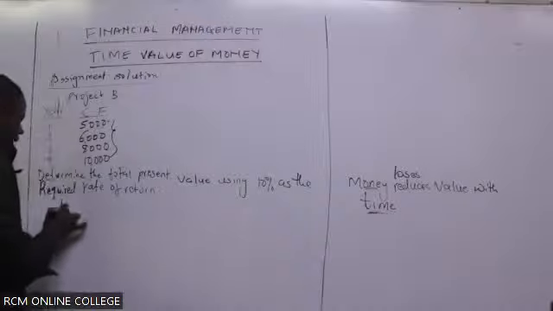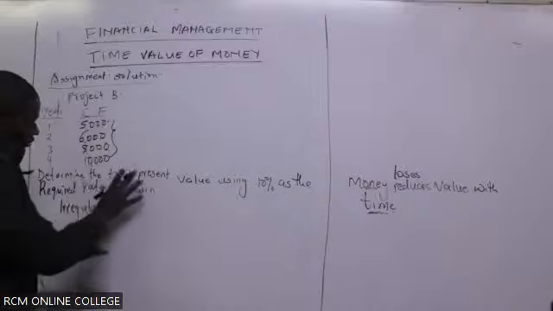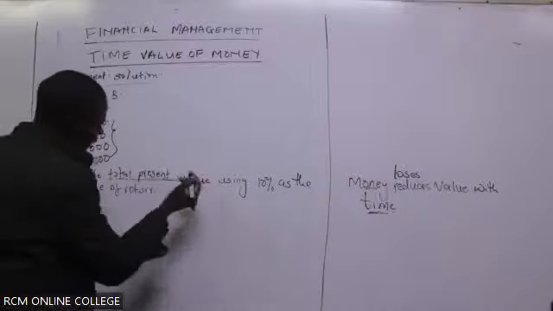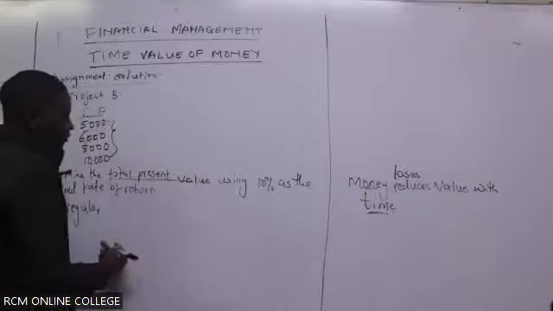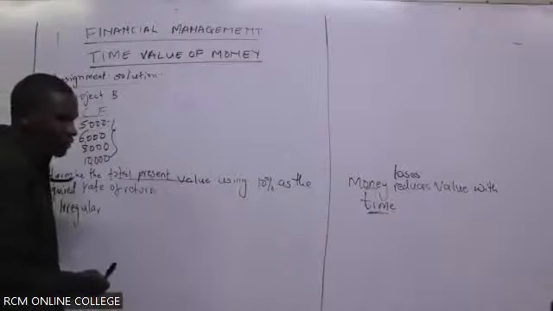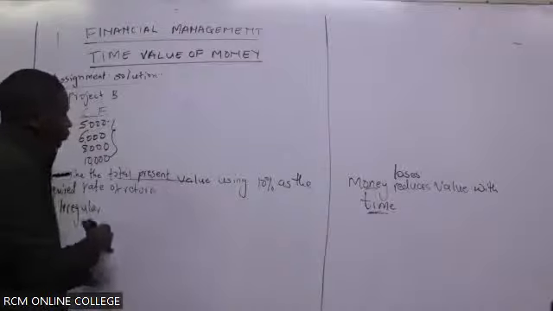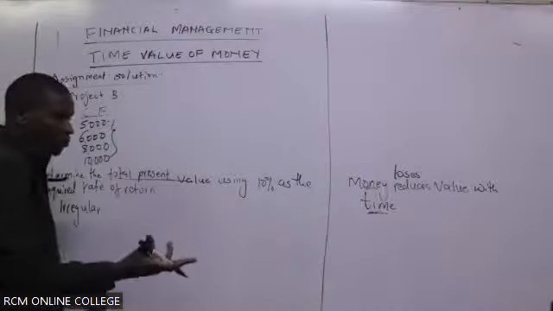For irregular cash flow, if you want to discount to get the present value, that simply means you are trying to convert this future cash flow into present.